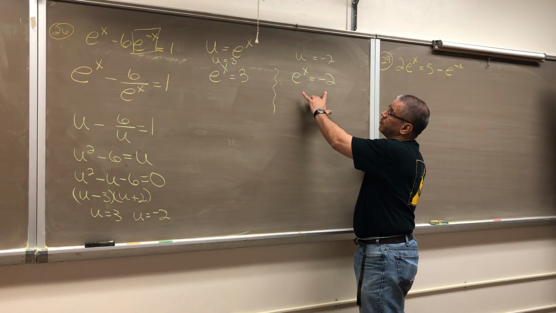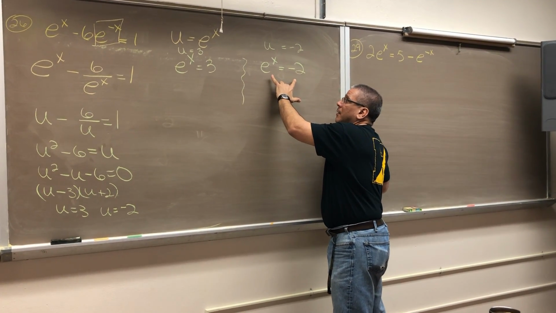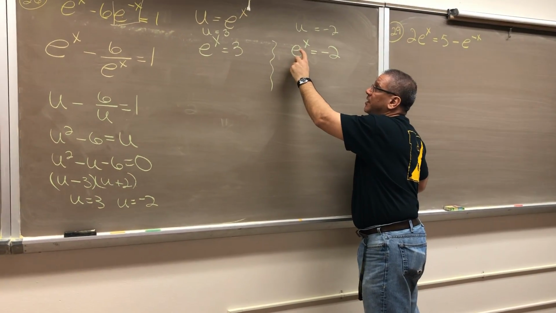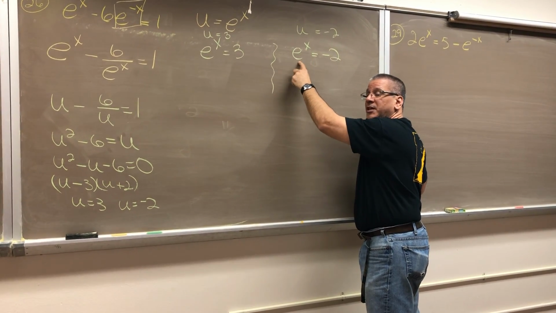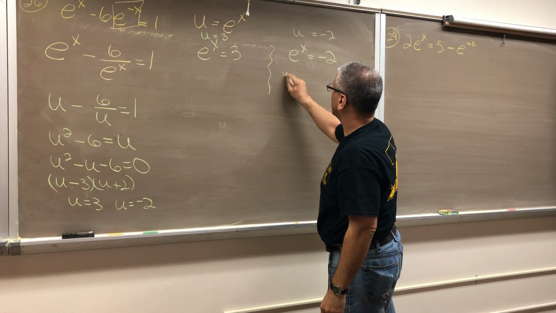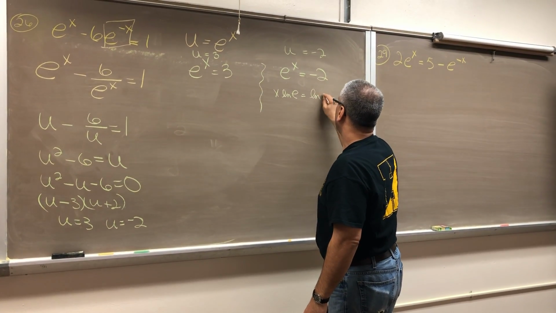So I'm going to do this one first. I'm going to rewrite this. Remember, because it's raised to the e to the x, we're going to use our ln, taking the ln of both sides. Remember, e is Euler's number. So it's x ln of e is equal to ln of negative 2.